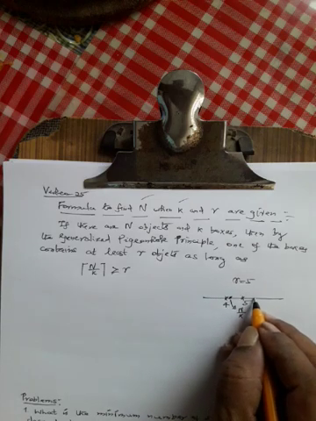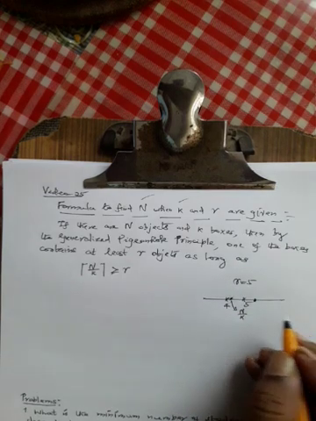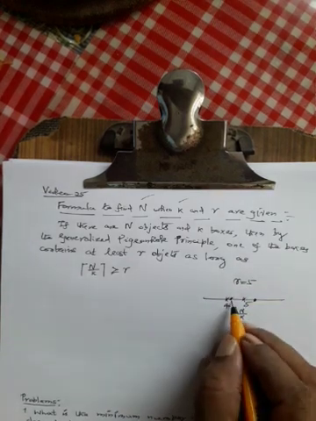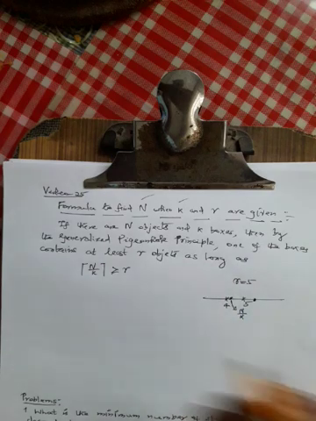Even if n by k is somewhere here, your value will be 5. R is my 5, so the only condition is this n by k should come after 4.